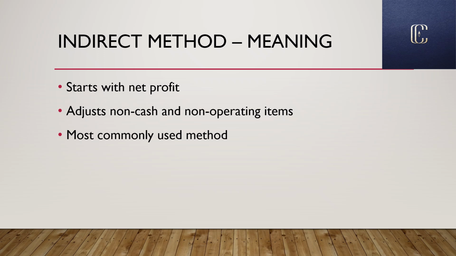And accounting standards prefer this method. So in the real corporate world, the indirect method is the standard practice. So remember clearly, the indirect method starts with net profit. It adjusts non-cash and non-operating items. It is the most commonly used method in practice.